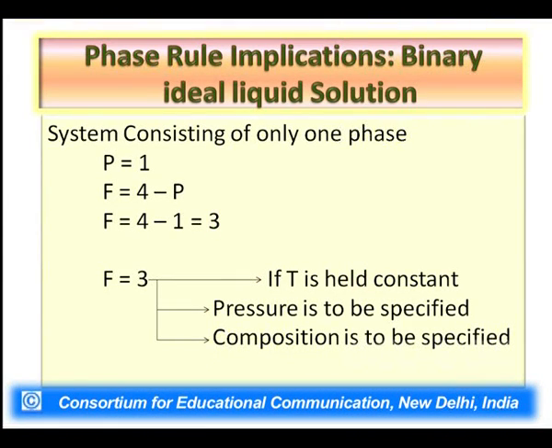So P is equal to 1, F equal to 3. What is the meaning of degree of freedom or F? F is nothing but the number of thermodynamic variables which can be varied independently without producing any change in the system. Now, let us explore what thermodynamic variables have to be specified for such a system. For a binary liquid mixture, these variables are temperature, pressure and the composition.